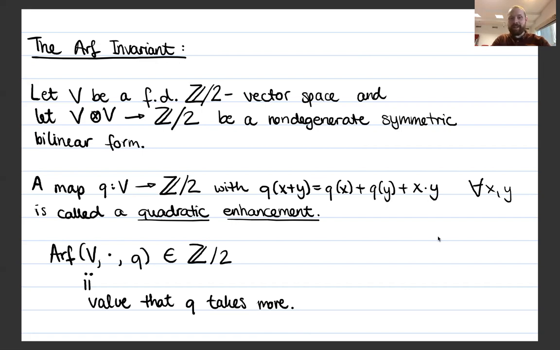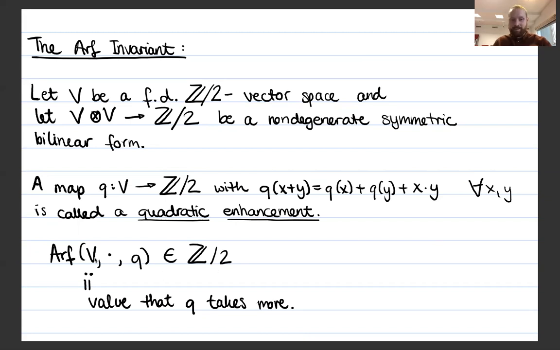These are called quadratic enhancements of the intersection form, or of the bilinear form that we're given. And they in fact determine the bilinear form, but usually the setup we'll see is that we're given V, we're given this bilinear form, and then we look at different quadratic enhancements of them.